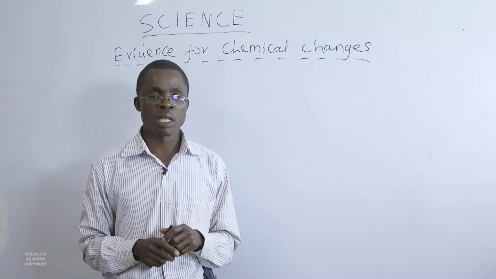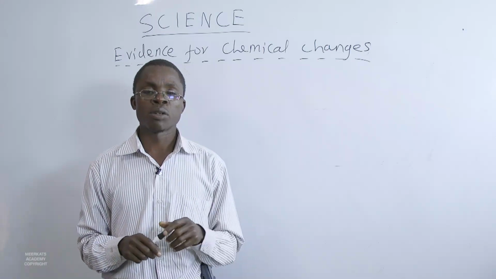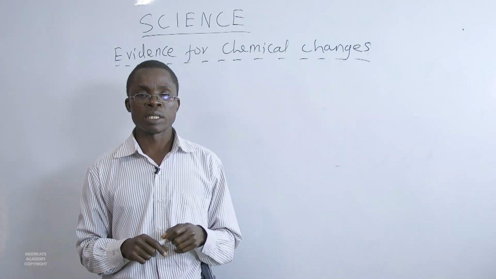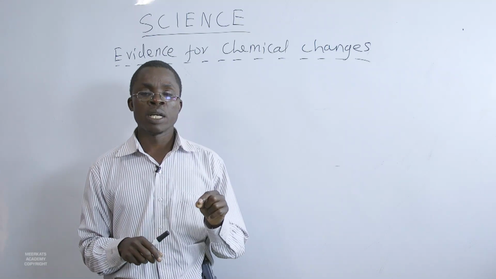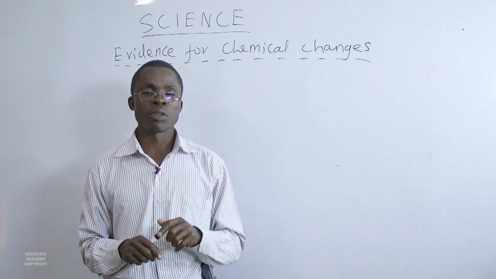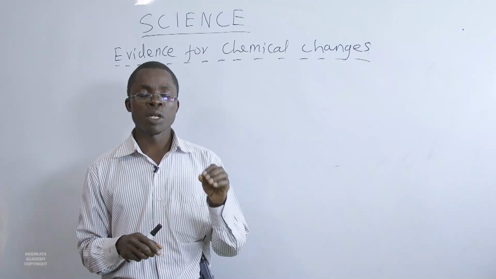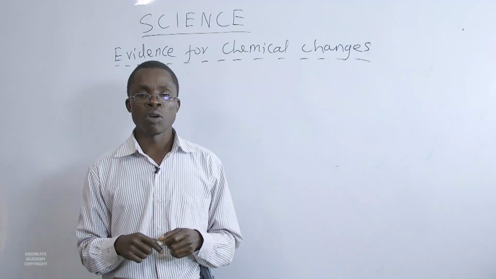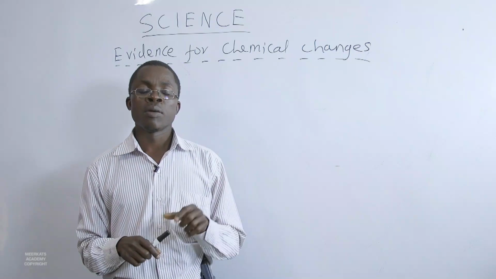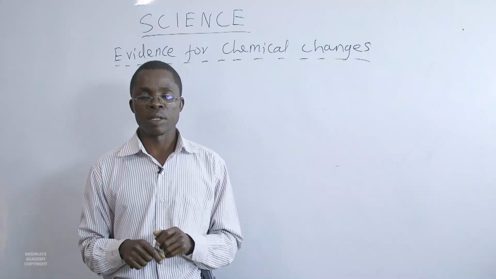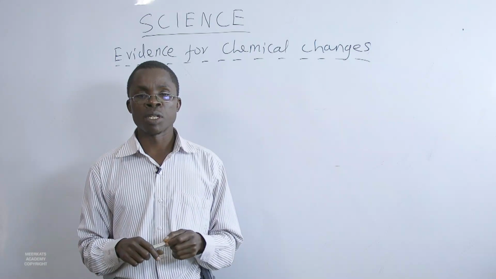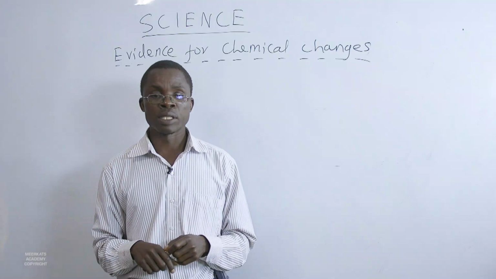But how would you tell that that metal has undergone rust? We said the color change on the surface of the metal will automatically show you whether the metal has undergone rusting or not, and that is being brown in color.